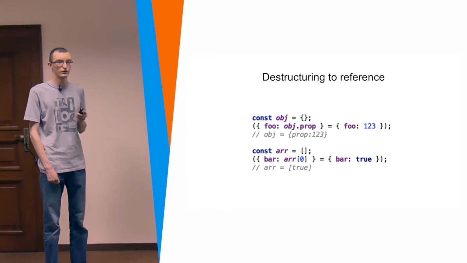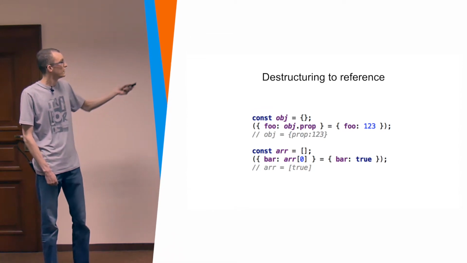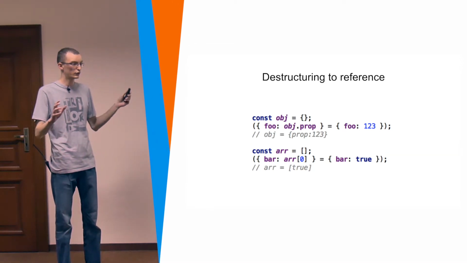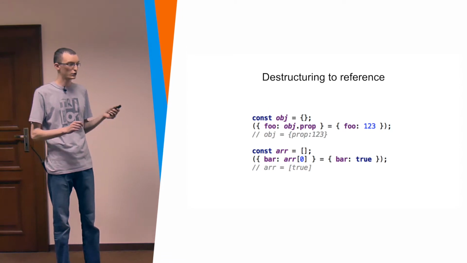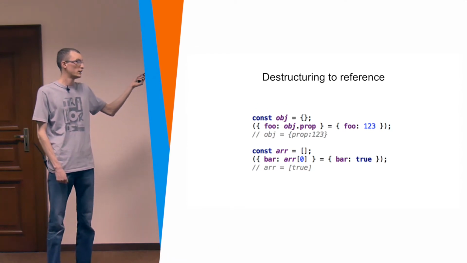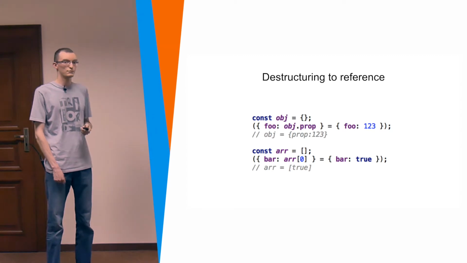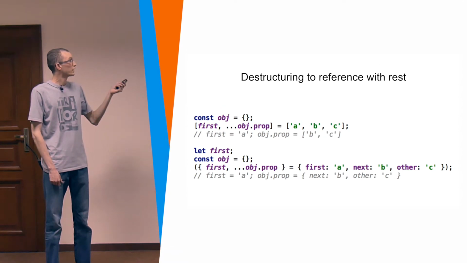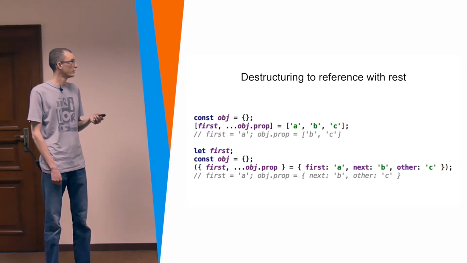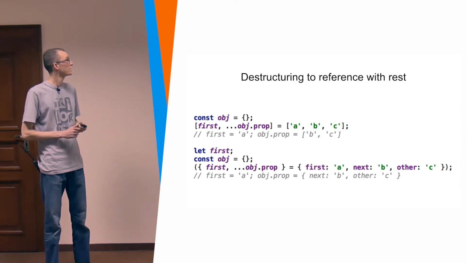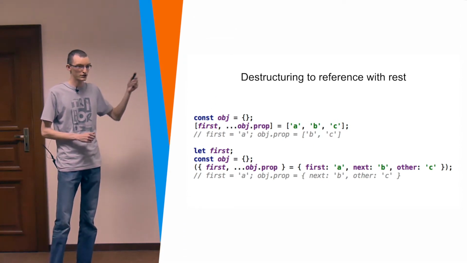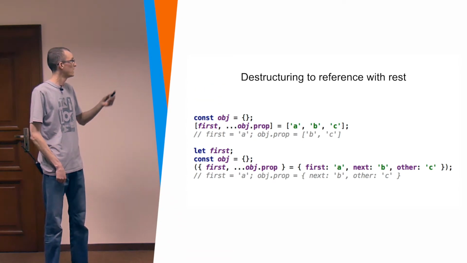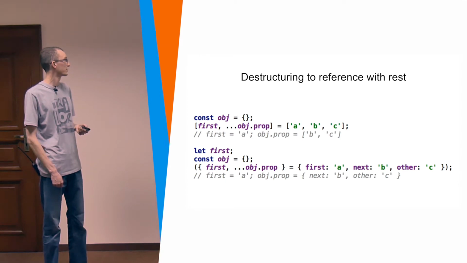What's also noteworthy is that when using object destructuring, we need to wrap it in parentheses, because otherwise JavaScript will evaluate this as a block, not destructuring. We can also do it with array destructuring, assigning to a reference, and we can also use it in conjunction with the REST operator. So this is how it works.